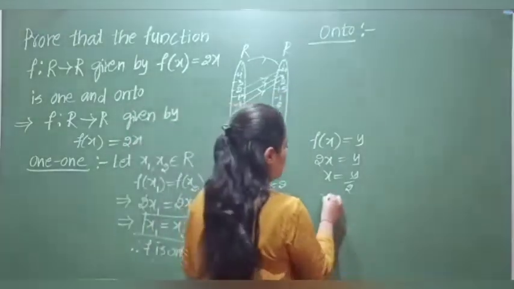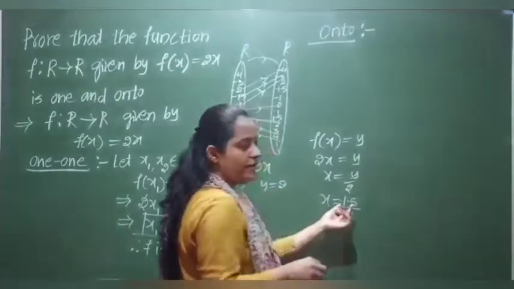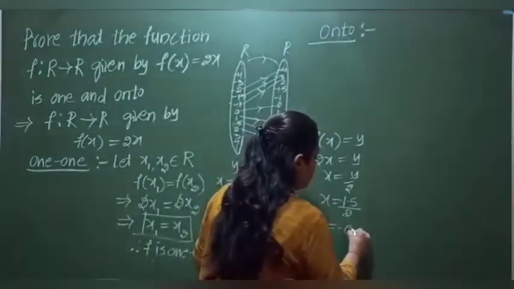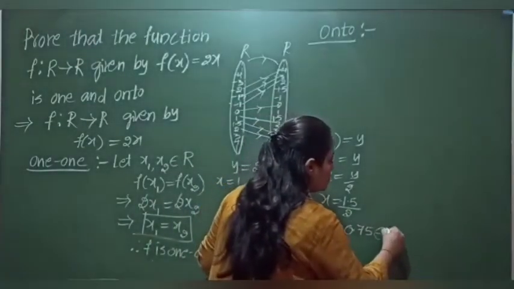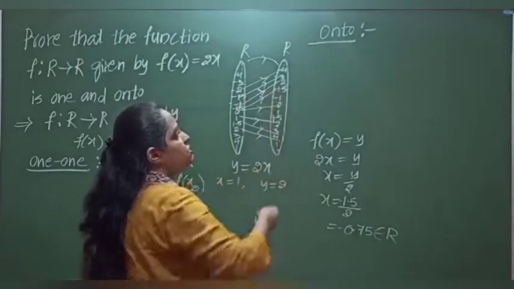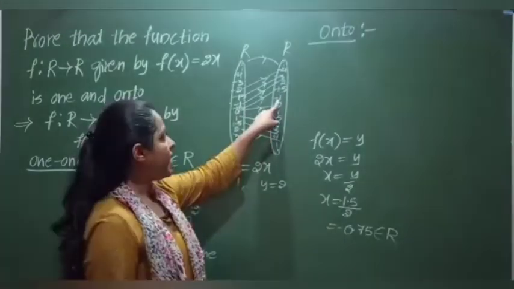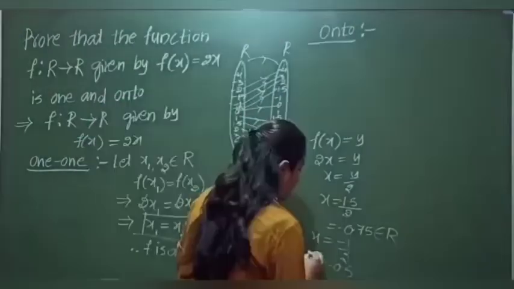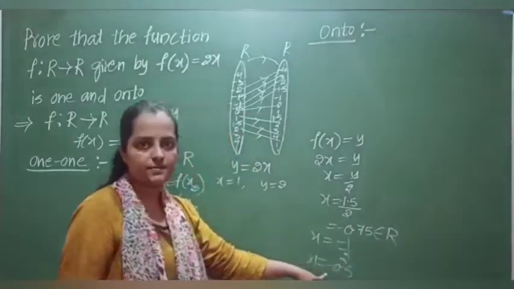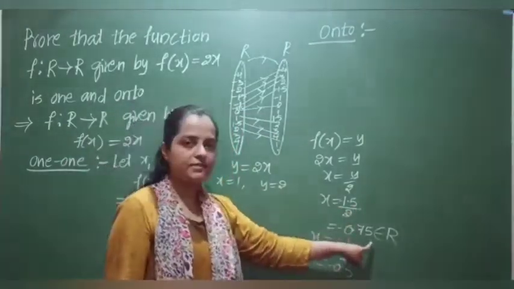Look at -1.5: x is equal to y/2, now I'll put y as -1.5, so I can get the x value -0.75, which also belongs to the real numbers. The pre-image exists here, right? For -1.5 a pre-image exists and for -1 a pre-image exists. The pre-image of -1 is -0.5, the pre-image of -1.5 is -0.75.